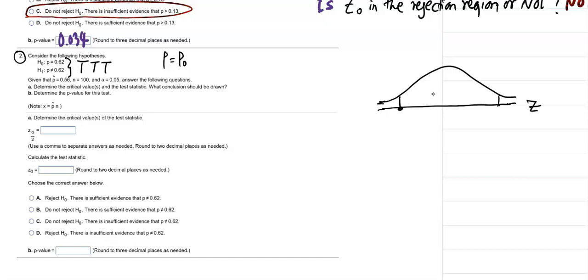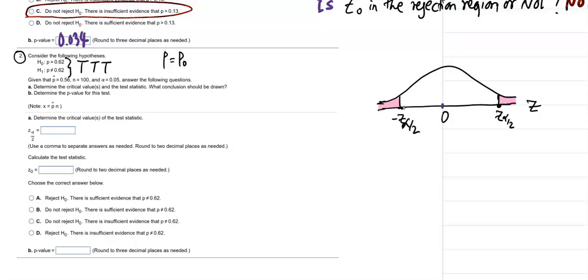There are two points here, with the area on the left and the area on the right. This value is the critical value on the right, and this value is the critical value on the left. This value is called z alpha over 2, and this value is called negative z alpha over 2.